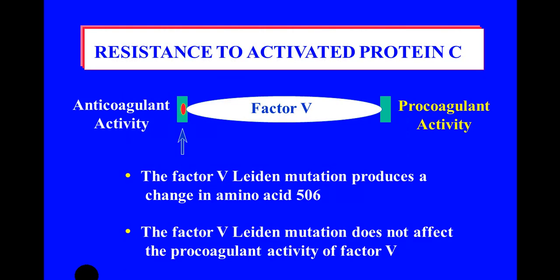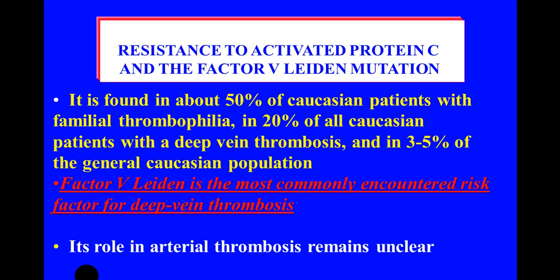So anticoagulation, procoagulant activity, factor 5. The factor V Leiden mutation produces a change in amino acid at position 506. It does not affect the procoagulant activity of factor 5, but makes it resistant to activated protein C. It is found in about 50% of Caucasian patients with familial thrombophilia, 20% of all Caucasian patients with DVT, and about 5% of the general Caucasian population.